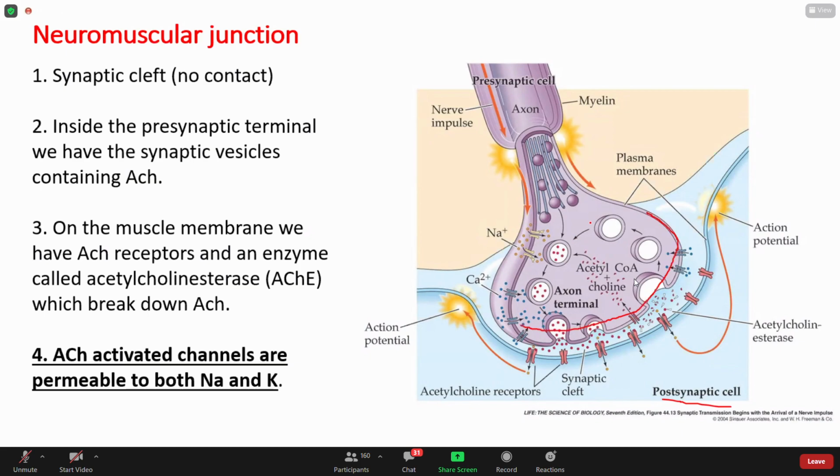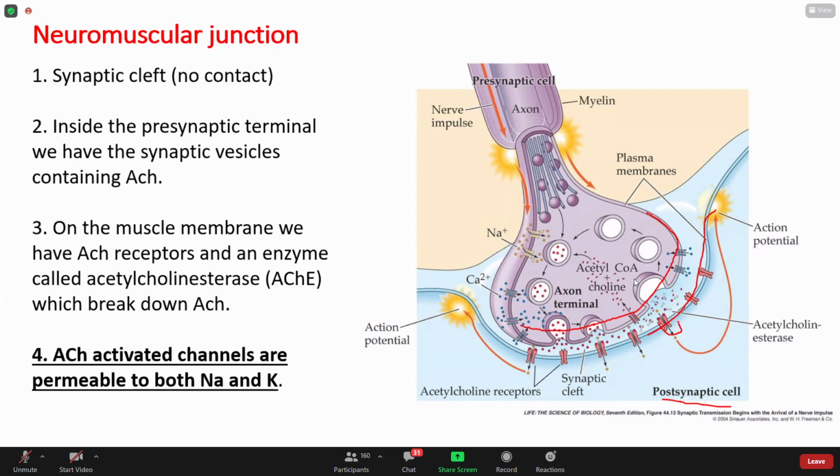Now, this is a cholinergic neuron, so the neurotransmitter in the presynapse is acetylcholine, okay? So inside the presynaptic terminal, we have acetylcholine. On the membrane of the muscle cell here, the receptors are cholinergic receptors, okay? Are they ionotropic or metabotropic?